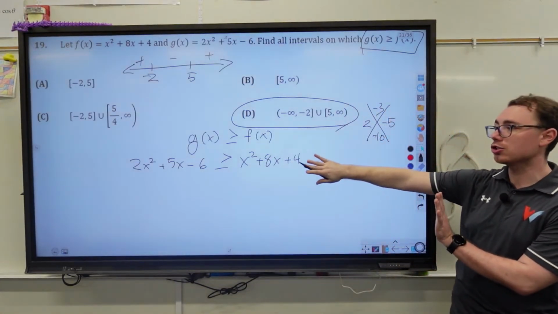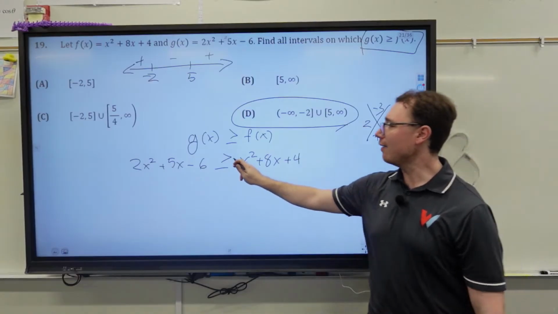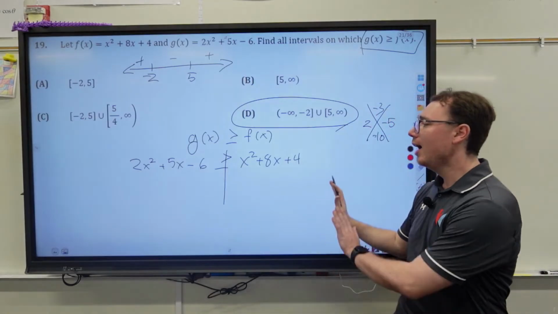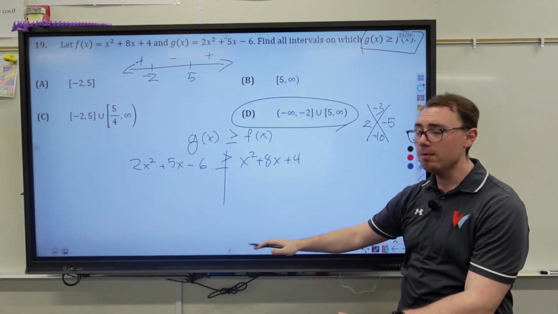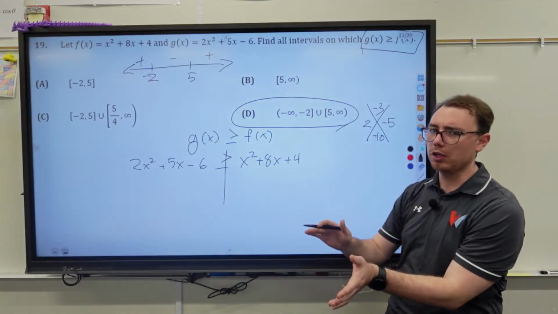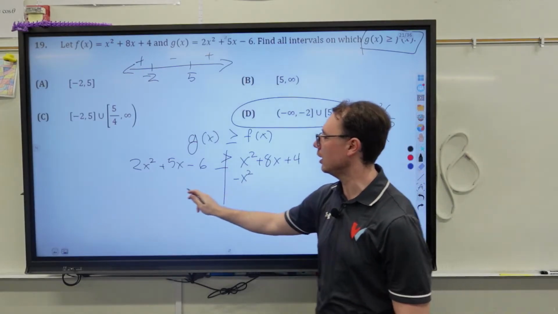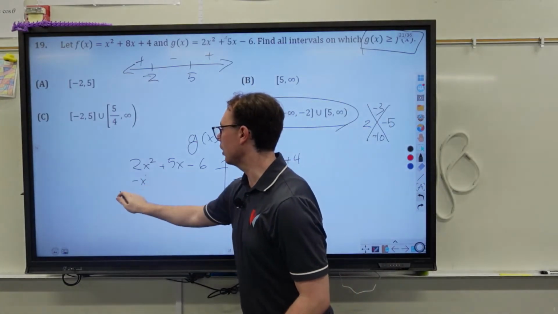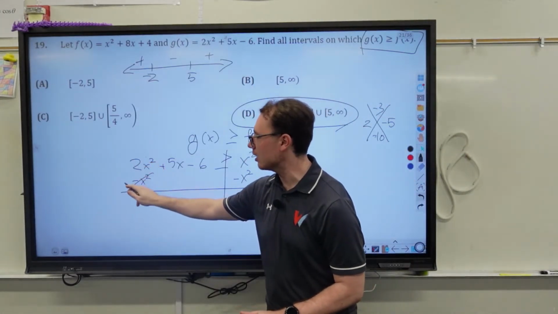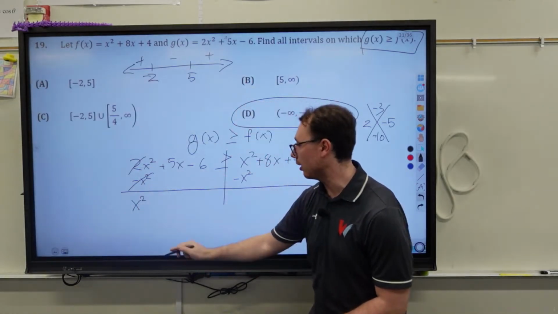Now, I want to try and solve out this inequality. If I treat this similarly to an equal sign, I can just bring everything to one side, the solving term that I want to try and solve. So if I subtract x squared from both sides, the 2x squared cancels out with that coefficient, leaving me with x squared here.